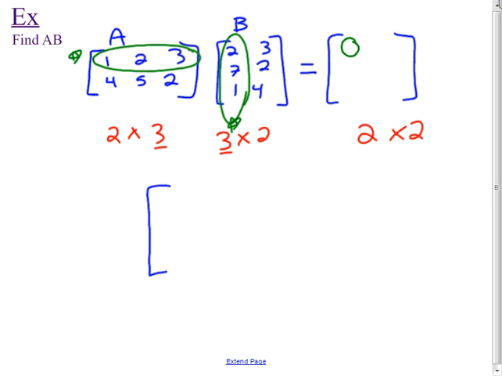So I take the first element, this 1, and multiply it by the first element, the 2. Plus the second element, 2, times the second element in that column, which is 7. Plus third element times third element.